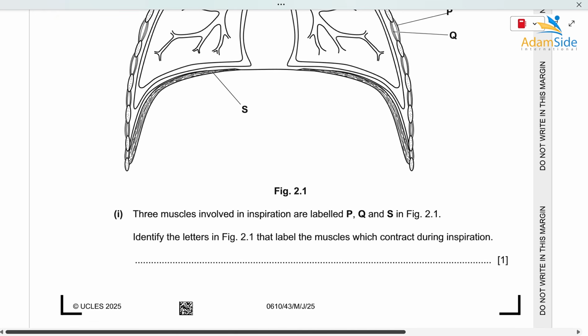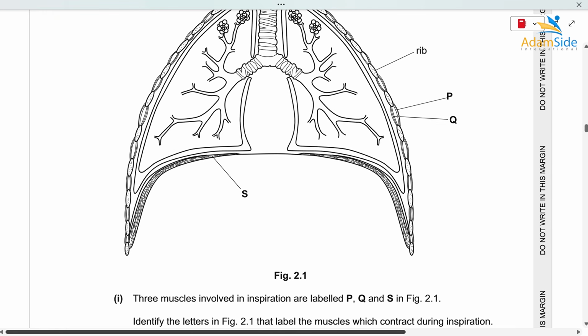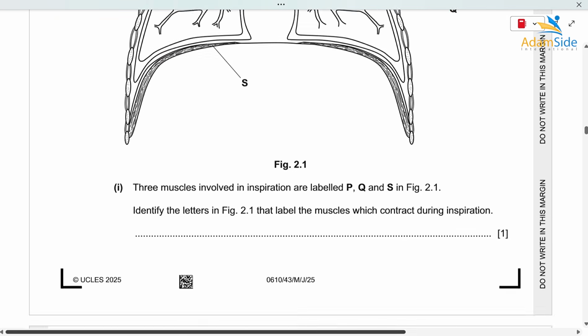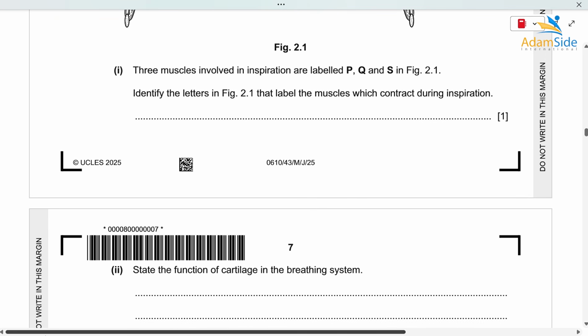The process of inspiration involves breathing in. Now what is contracting during inspiration? It is the diaphragm, labeled S, but also the external intercostal muscles, the ones labeled P. So here the muscles will be P and S.